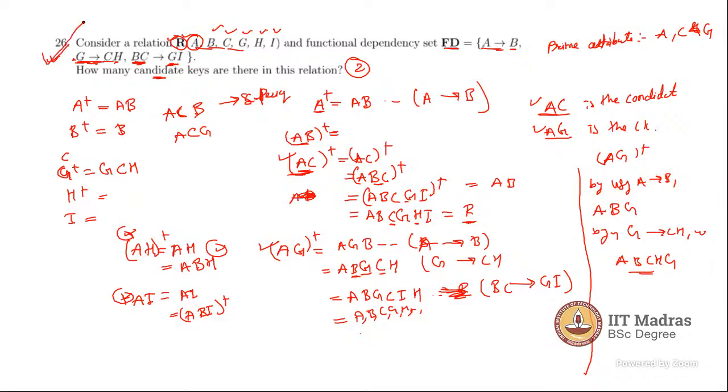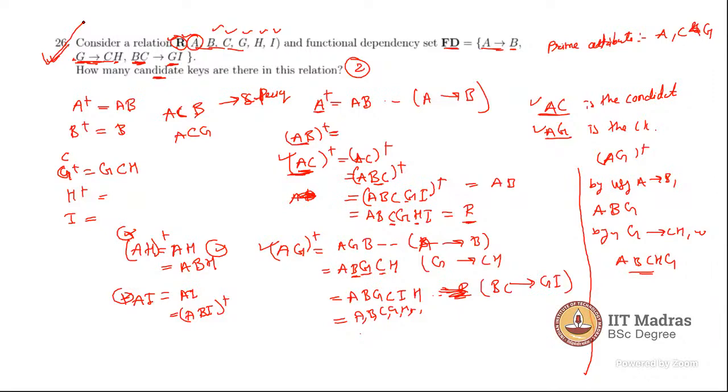I asked because suppose there would have been a dependency in which all the attributes would have been there. Is it safe to assume that one of them will definitely be trivial? No, that is not safe to assume. So see, basically, I think that's why the doubt is not getting cleared.